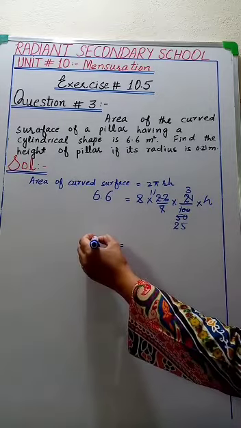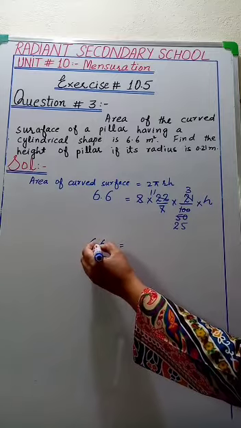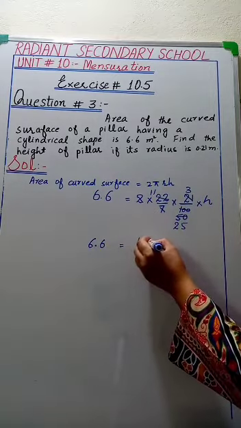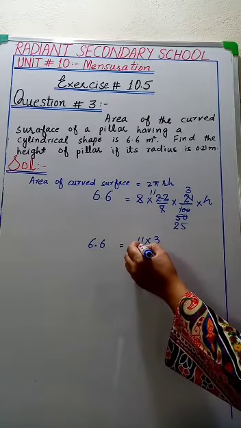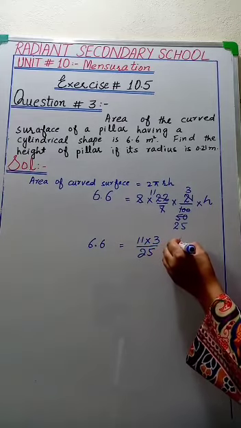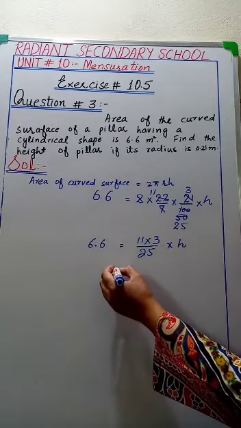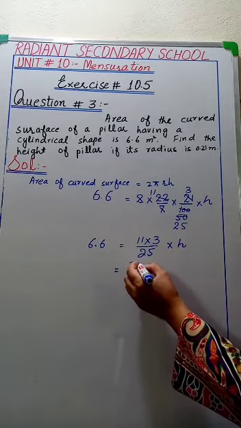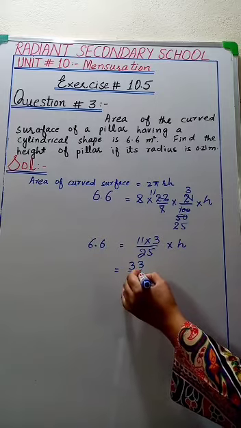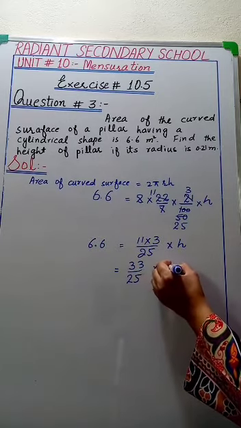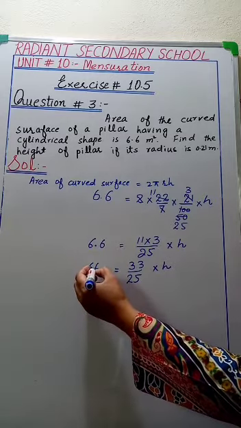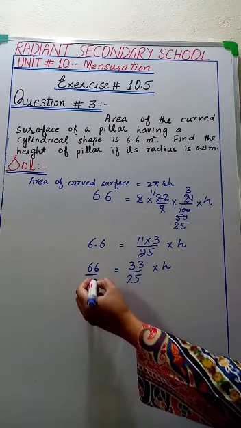In the next step, 6.6 is equal to 11 into 3 over 25 multiplied with h. Now simplify it. 11 threes are 33 over 25 multiplied with h, and make it a fraction, 6.6 over 10.